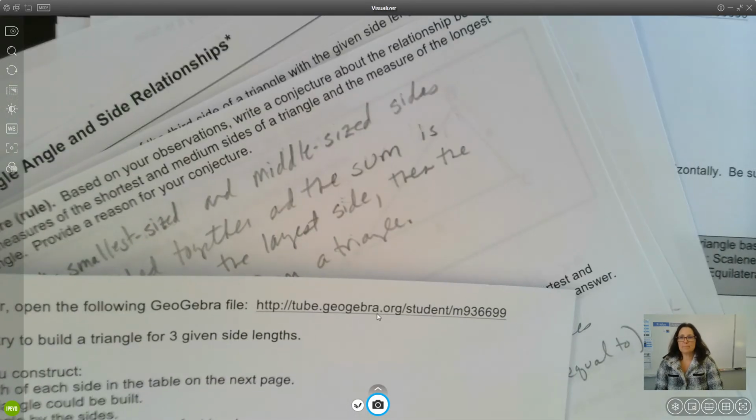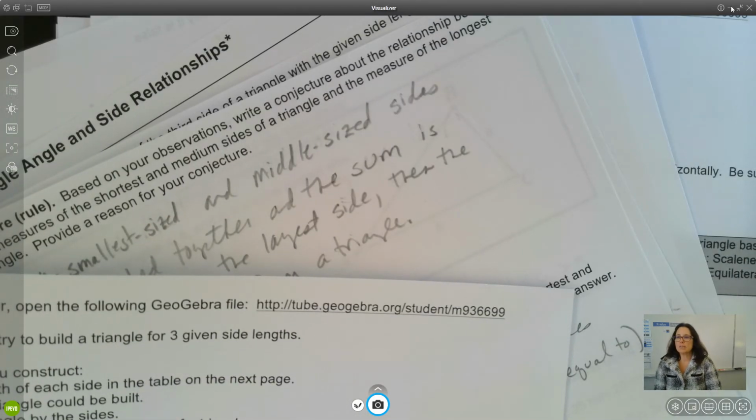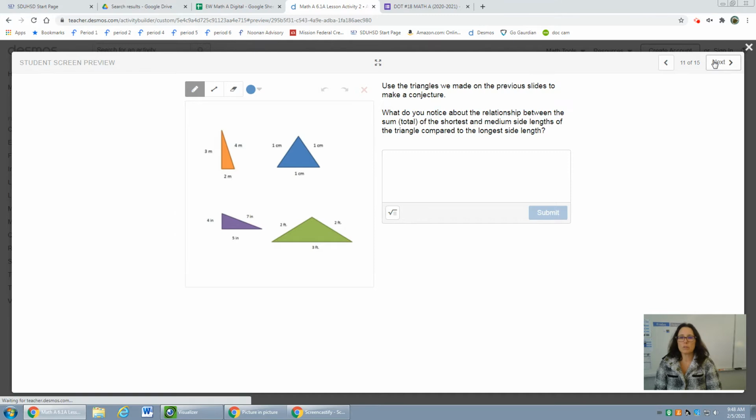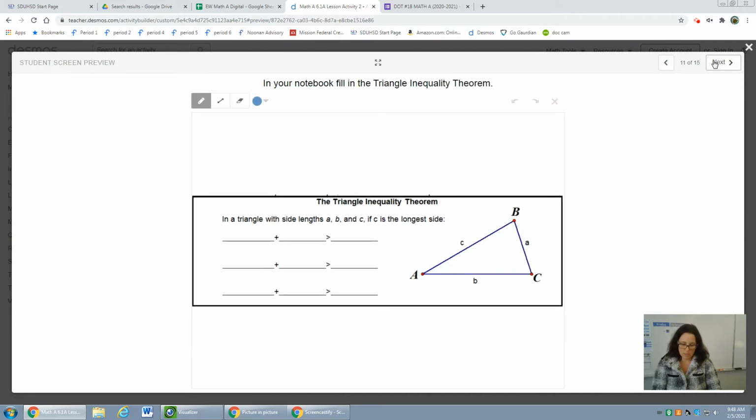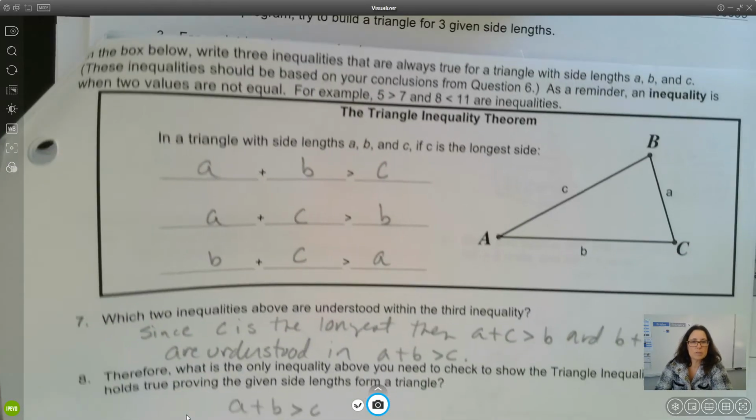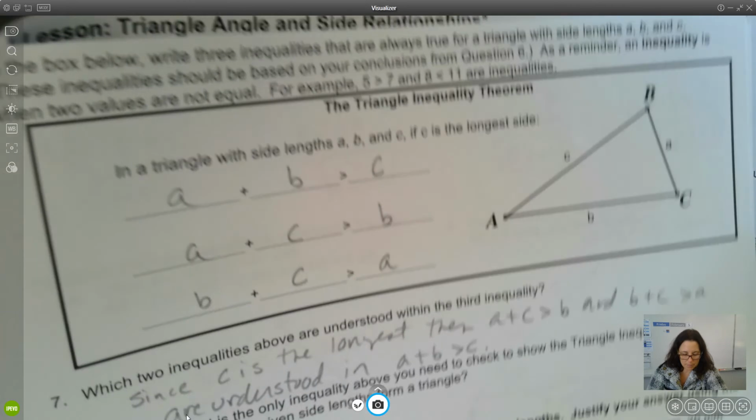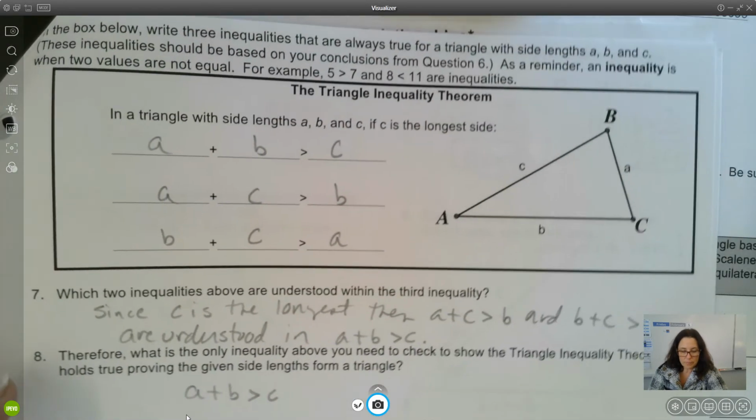Let me get back to my Desmos slides here. I think we're just kind of walking through the notes now. On your notes here, turn a page.